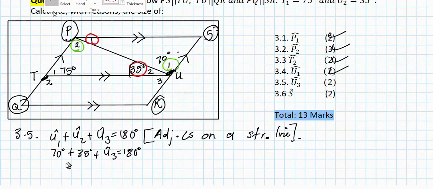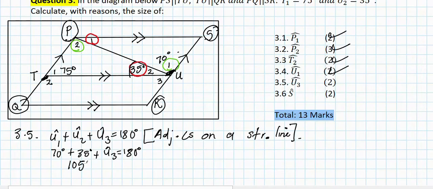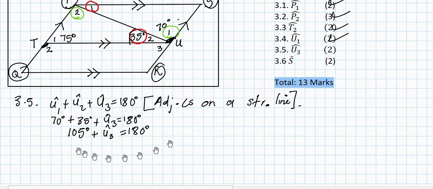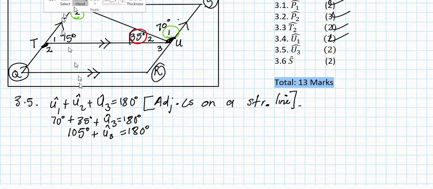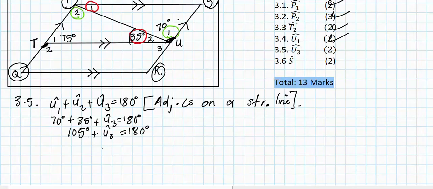So we are saying when we add these two, we get 105 degrees plus u3, and this is equals to 180 degrees. After that, we solve a simple algebraic problem. So here we have angle u3 is equals to 180 degrees minus 105 degrees.